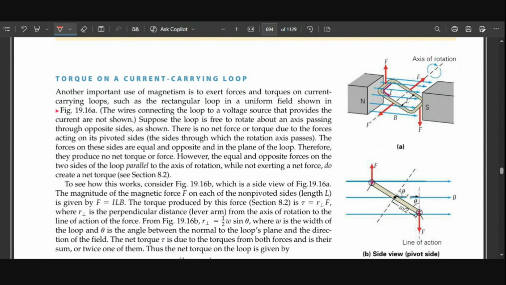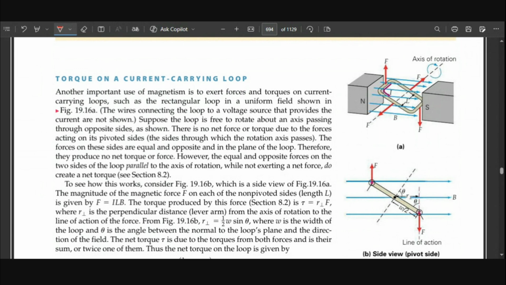And what is the basic function of torque? The basic function of torque is to rotate. Let me show you something. You must have seen this, I guess. If you place a coil in the magnetic field and just spin it, it will continue spinning. That continuous spinning is because of the magnetic force acting on the opposite ends and making a couple.